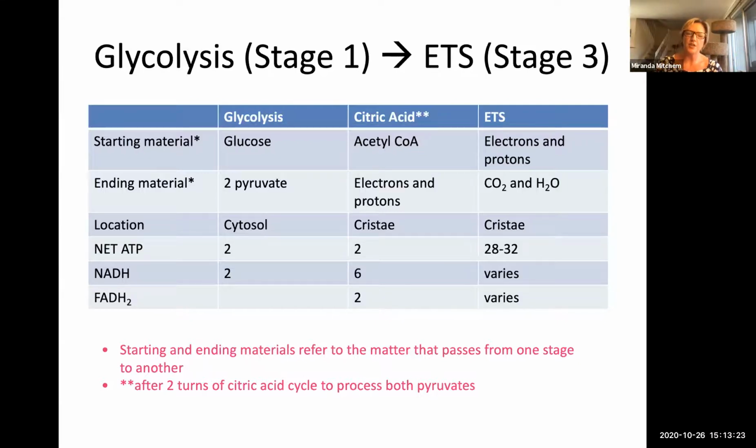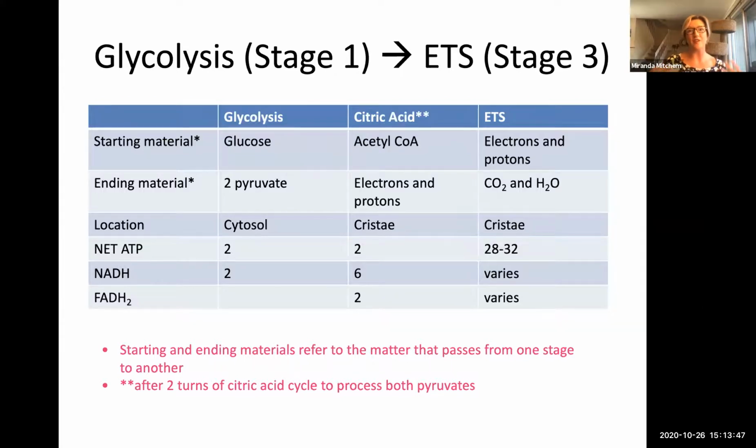So when I ask you on an exam or a quiz, the total yield of ATP per 1 glucose, as we go through all stages of aerobic cellular respiration, the answer would be 32 to 36. Right? You're going to give me a range because it produces a range depending on the circumstances.